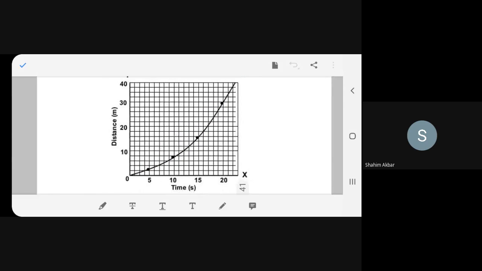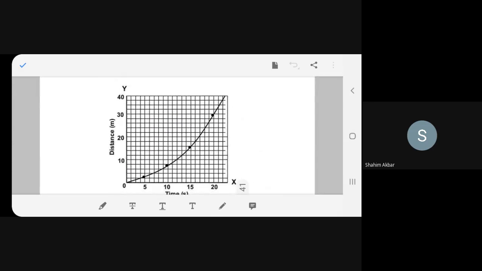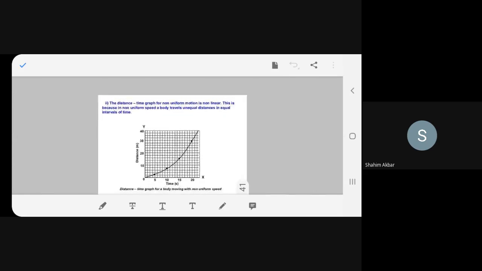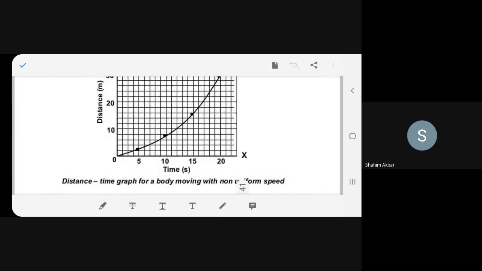Why? Because at equal intervals of time, unequal distances are covered. Hope you have understood. There's nothing much to add over here. So if you're getting a curved graph, what does it suggest? It is non-uniform. Okay?